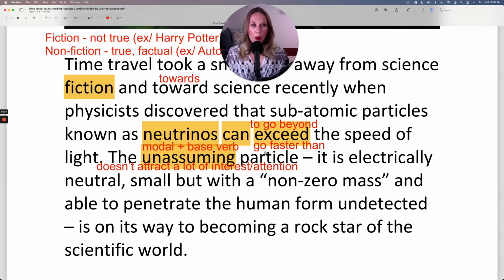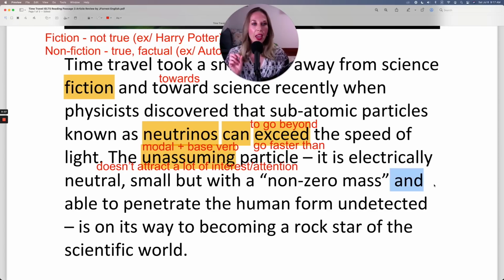The unassuming particle, it is electrically neutral, small, but with a non-zero mass and able to penetrate. Now notice here, able to penetrate. Is something missing from this expression? And able to penetrate. The expression is to be able to. That's the full expression. But notice, it is electrically neutral and able to penetrate.